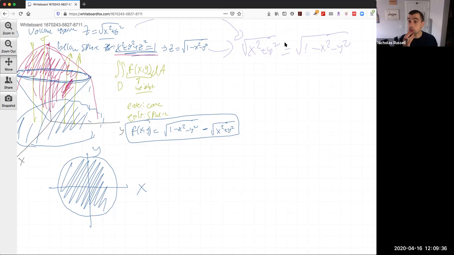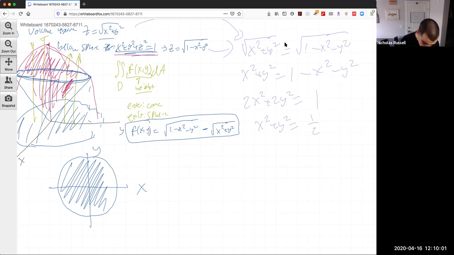So in order to solve this, I square both sides. I can move over the x squareds and y squareds and move them all together. So this becomes 2x squared plus 2y squared is equal to 1. And then I can divide out by the 2 and get x squared plus y squared is equal to 1/2.